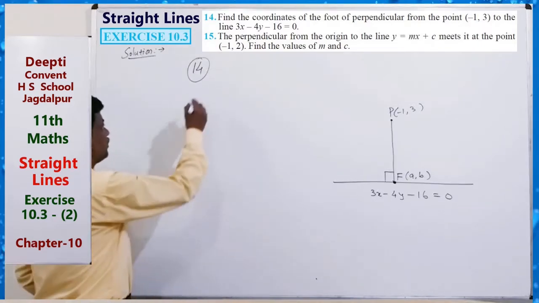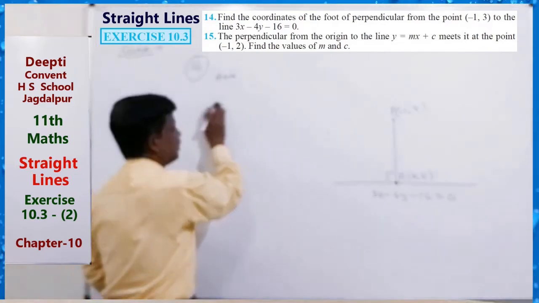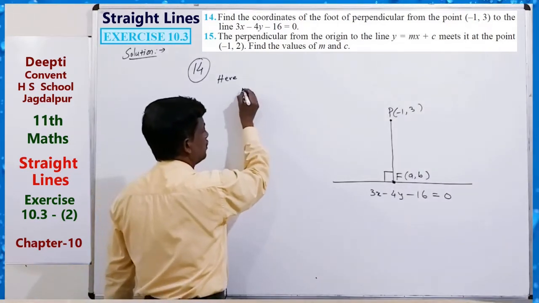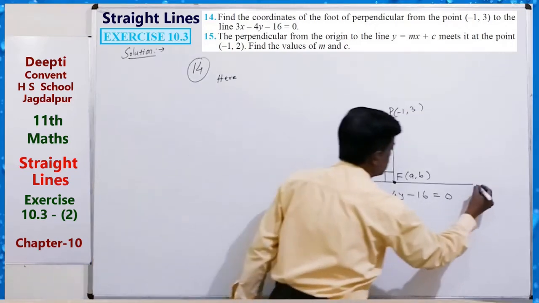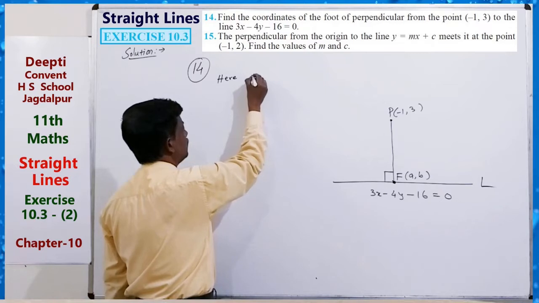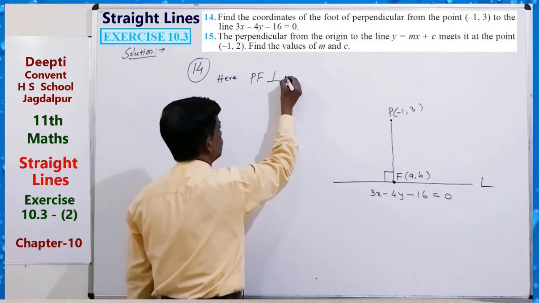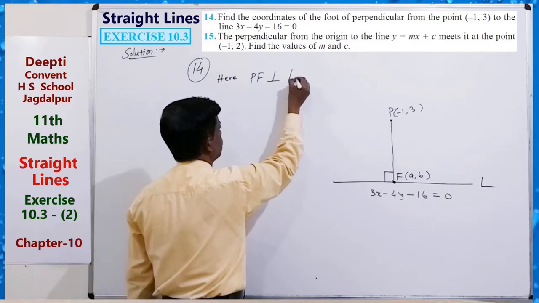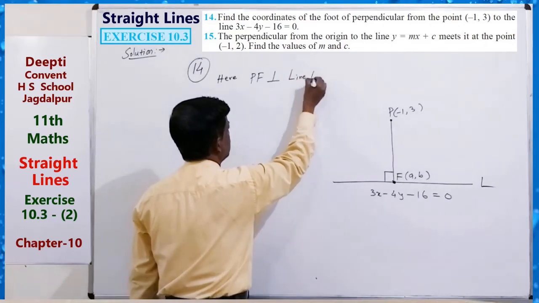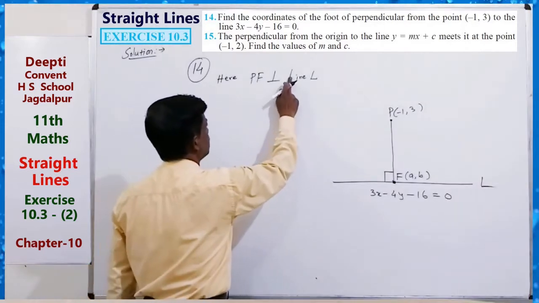So here the line is suppose L. Here PF is perpendicular to line L. Clear? Perpendicular to line L.